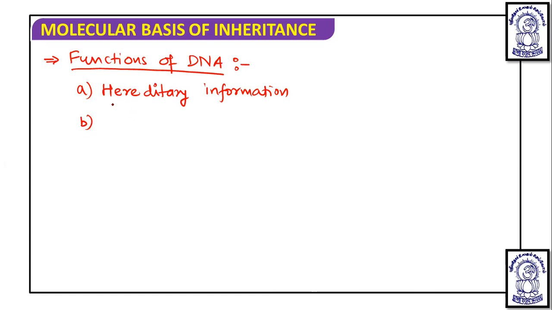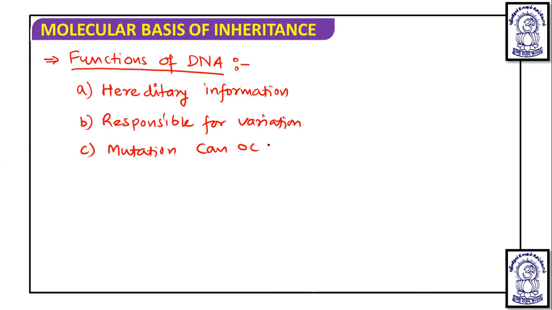Then next, it is responsible for variation, and that variation arises due to crossing over at the time of meiosis. Then the mutation can occur in DNA. So sudden inheritable variation due to the change in genetic material is due to mutation in DNA.